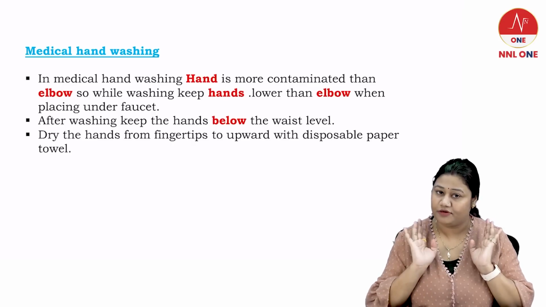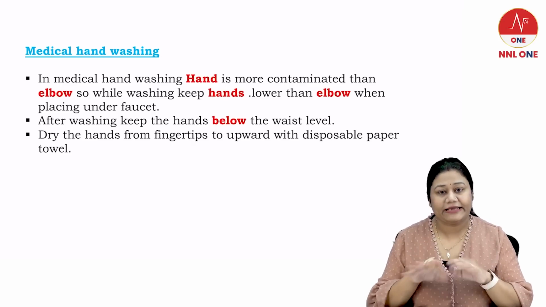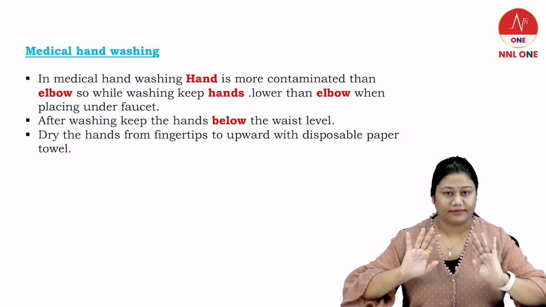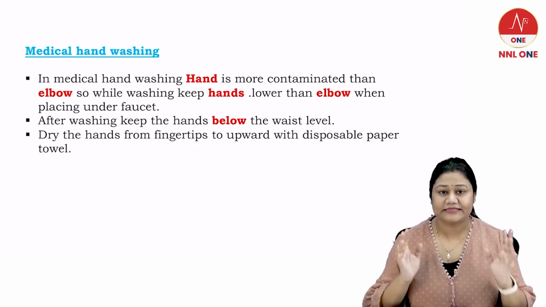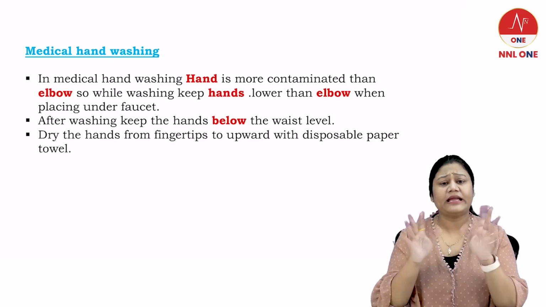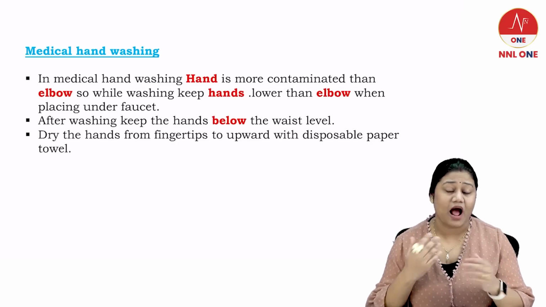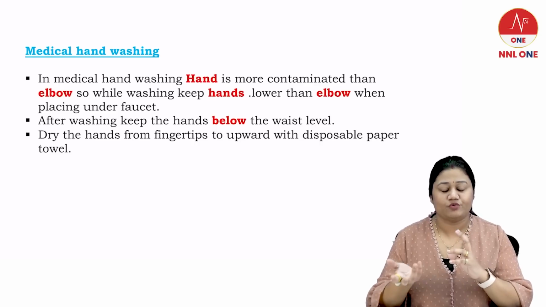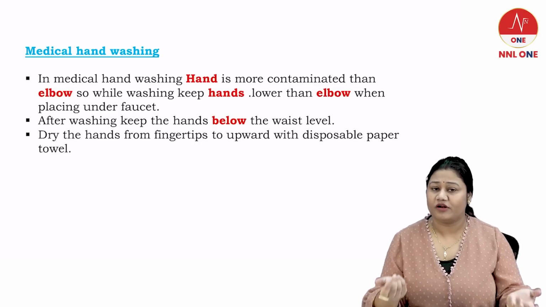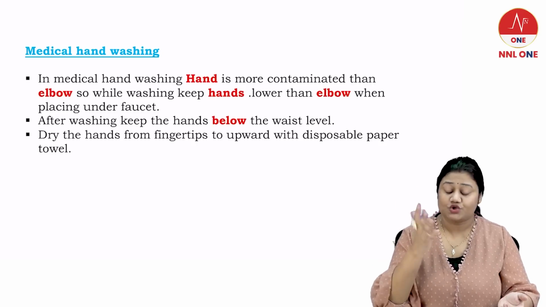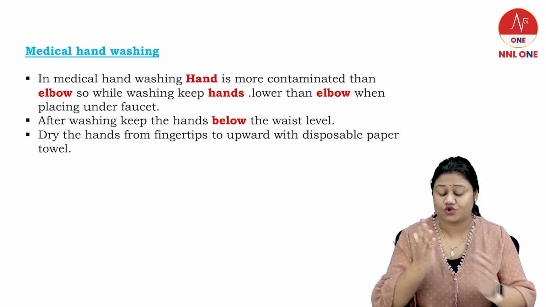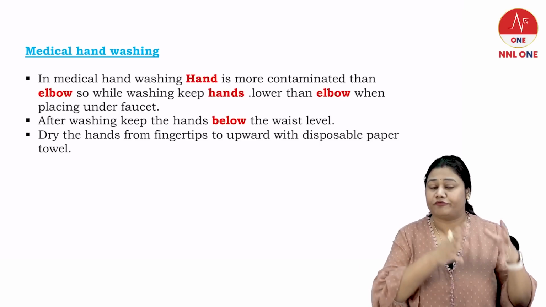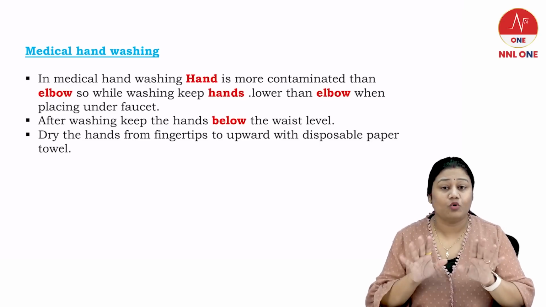And remember the principle of cleaning: we have to move from less contaminated towards more contaminated. The trick to remember is that medical hand washing is commonly used to give oral medication, and you give oral medication with your hands, so hands should be more contaminated and have to be washed thoroughly and properly.